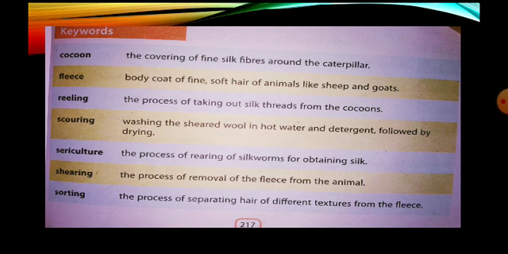I told you that whenever a large number of laborers are involved in this sorting process, they are classifying, they are separating the long fibers one side, mediocre fibers one side, and the smallest fibers one side. And if animals are suffering from a bacterial disease like anthrax, then there is a maximum possibility that the people who are involved in this work will also suffer from sorter's disease.